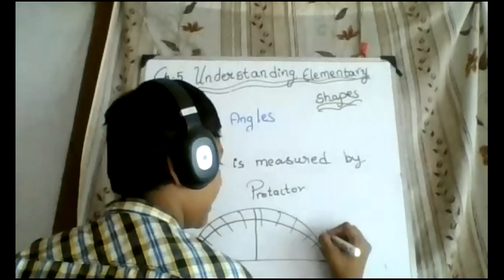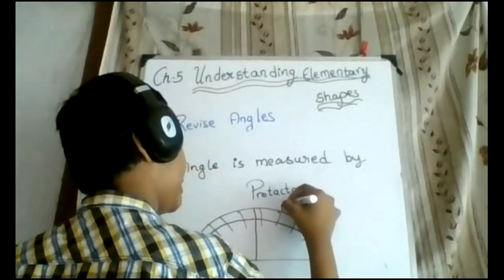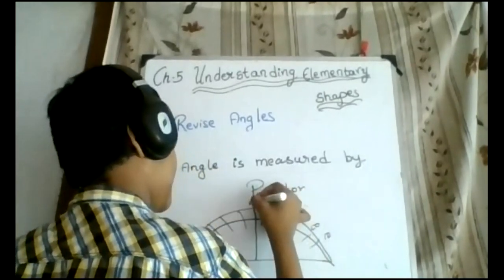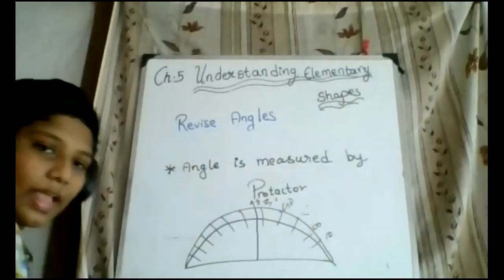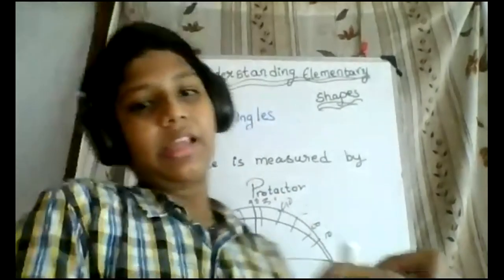Here we will be having 10, 20, 30, 40, 50, and here 90. Like that, it will be having angles. It will be like this. This is a protractor.